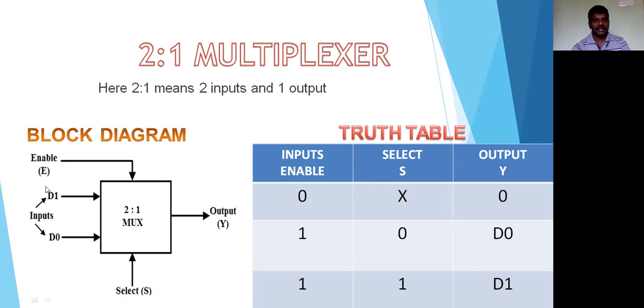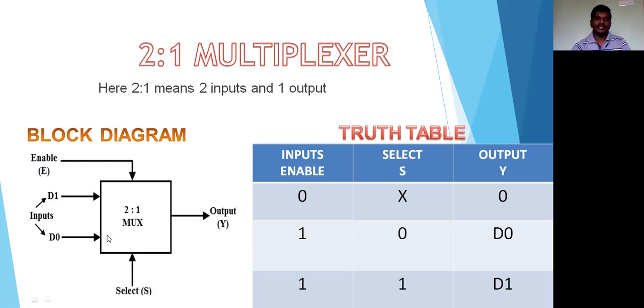As you can see here, two inputs are there, D1 and D0. D stands for data. Sometimes instead of D, we use I also, or we use A, B, C also. One select line is there, denoted by S, and one output is there, denoted by Y.